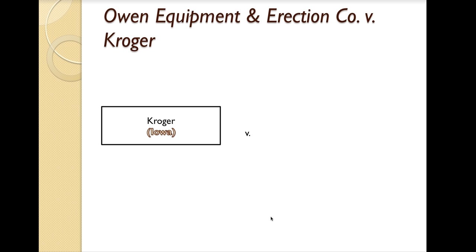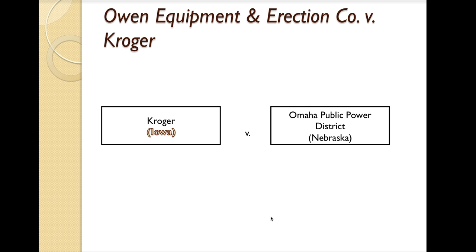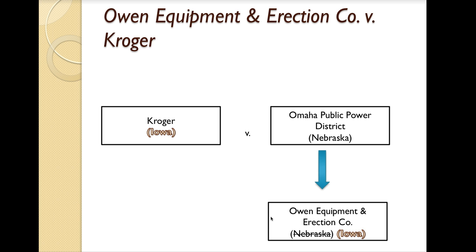And this occurred in Nebraska. And so she was a citizen of Iowa, and she sued the Omaha Public Power District, whose lines were being operated. And then OPPD impleaded Owen Equipment, who owned the crane on which he was working.